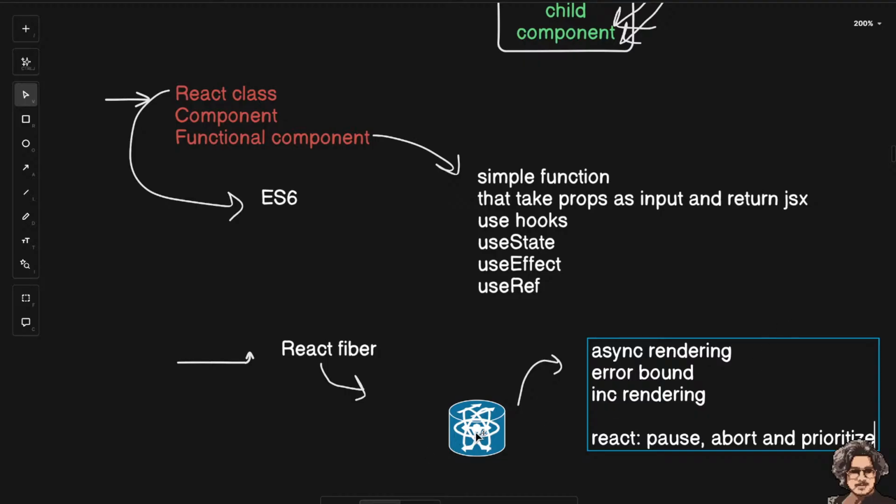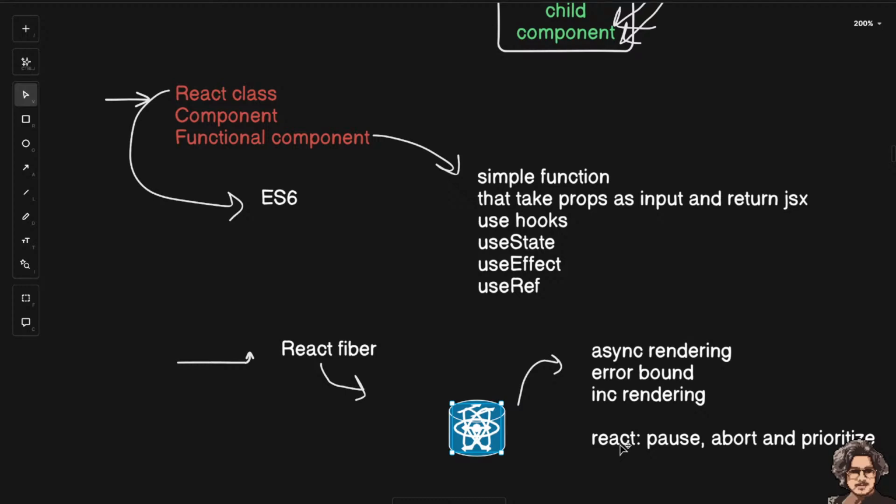So React Fiber is a rewrite of React which improves performance by adding features like async rendering, error boundaries, and incremental rendering. It breaks work down into smaller pieces or chunks, which gives React the pause, abort, and prioritize features.